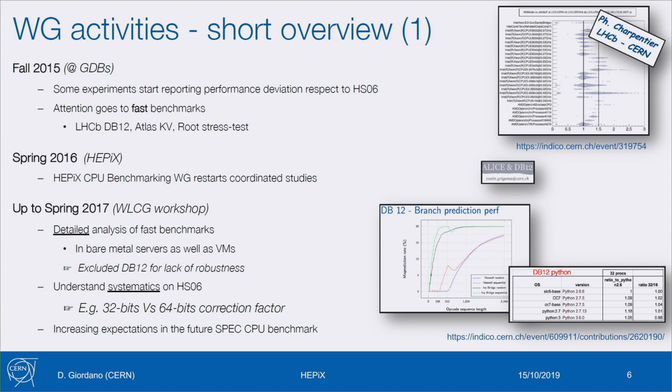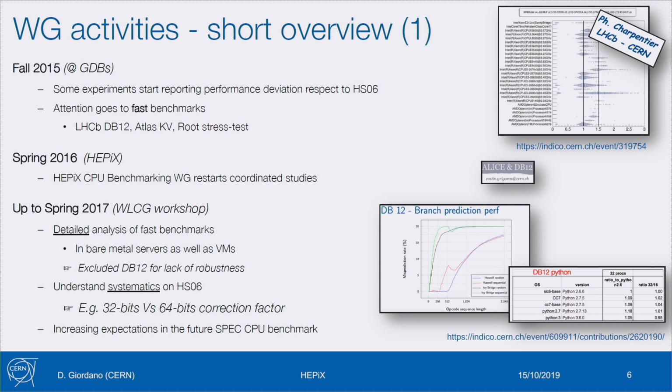But in any case, this was feedback that there are some workloads that no longer scale as well as was seen in 2007, 8, and 9. So that is the reason why we restarted the CPU benchmarking working group activity in terms of studies, also because some of our colleagues in the experiments were suggesting to use fast benchmarks: the LHCb benchmark, the Atlas kit validation, the ROOT stress test.